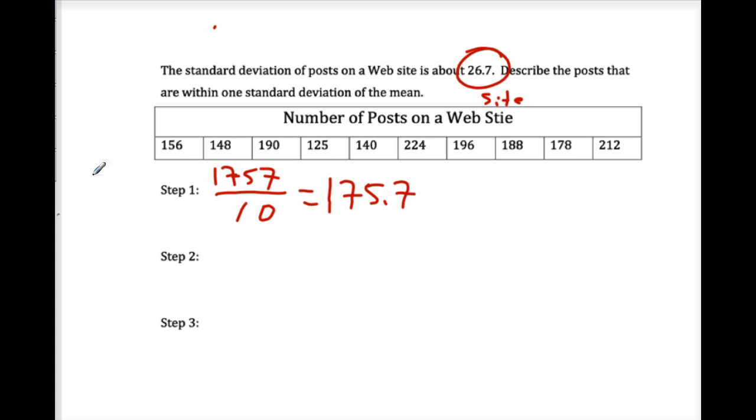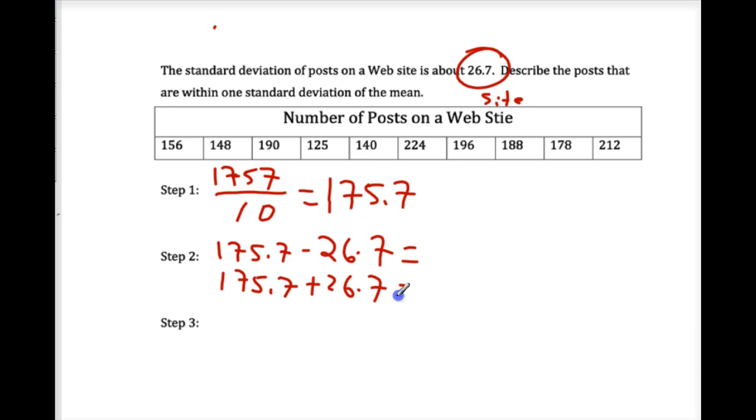Posts is the average of the number of posts on those websites. Now, here's what you're going to do next. Take the average, subtract the standard deviation, which we know to be 26.7, and then add 26.7 to that number. What are those two numbers when you do that?